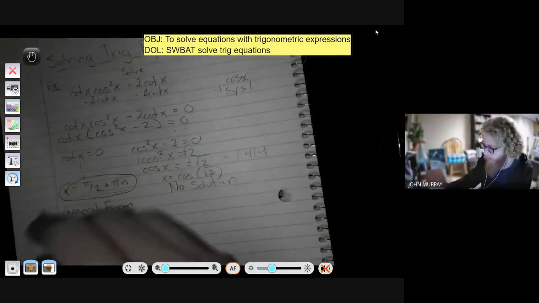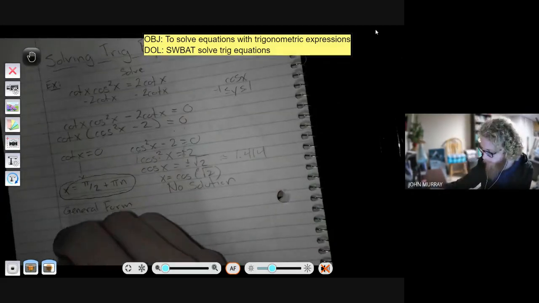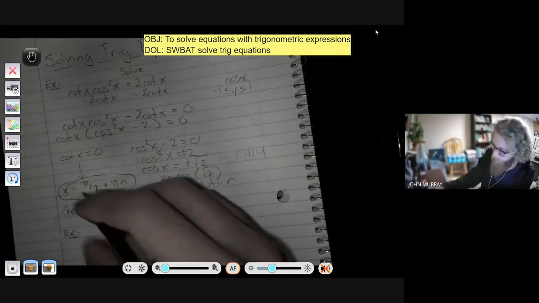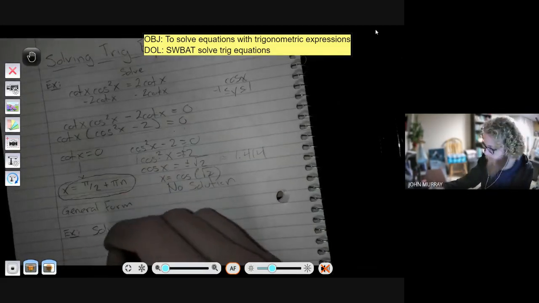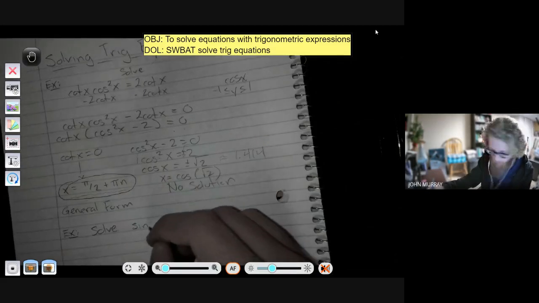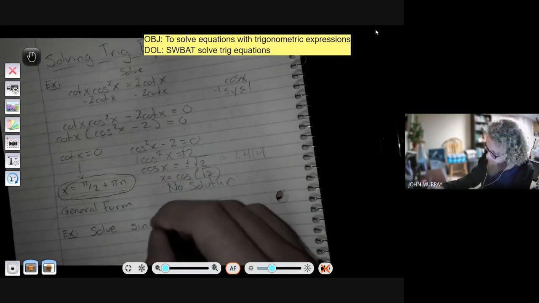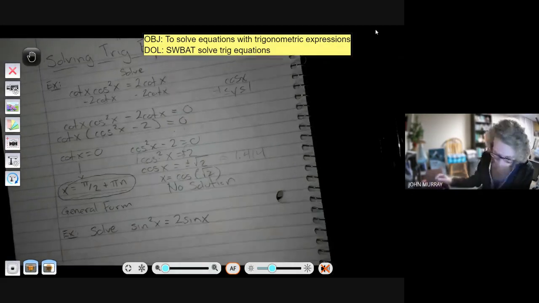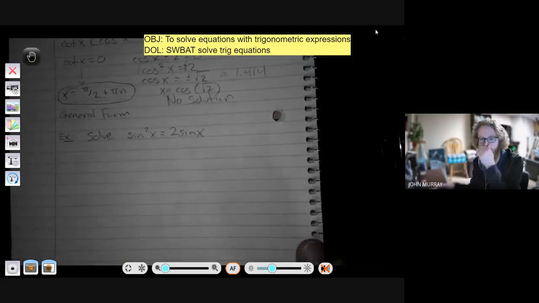Let's do one more with this. All right, this one's a little more, nothing fancy going on. We have sine squared x equals 2 sine x.